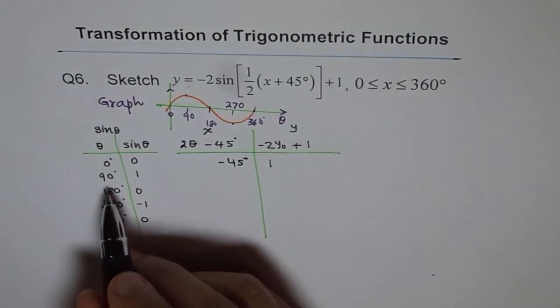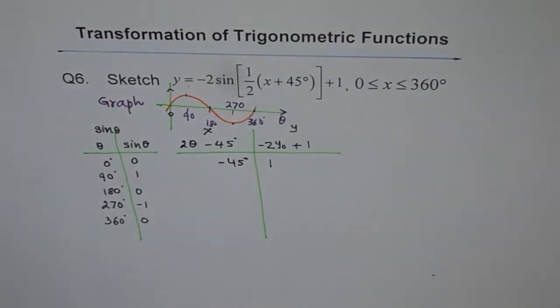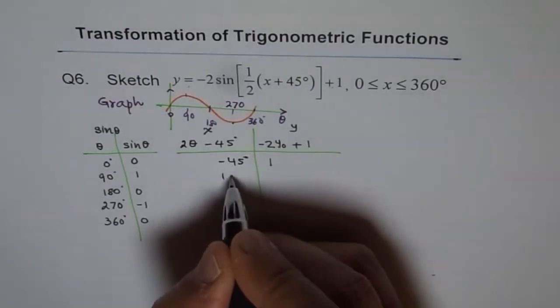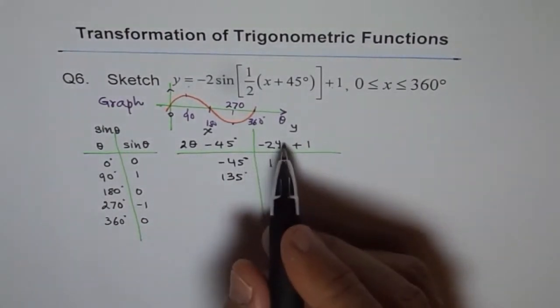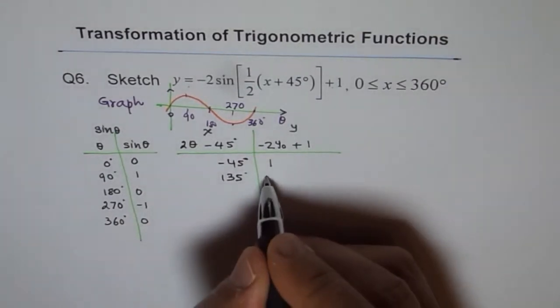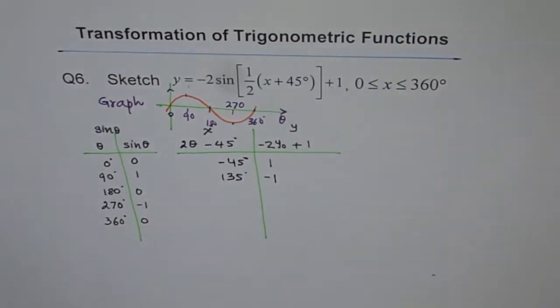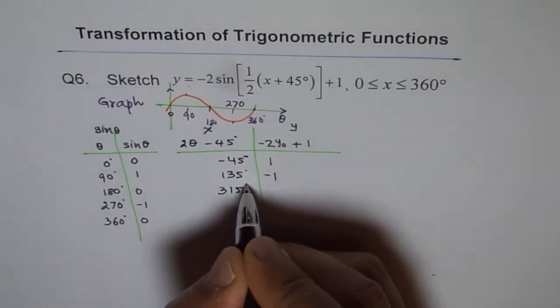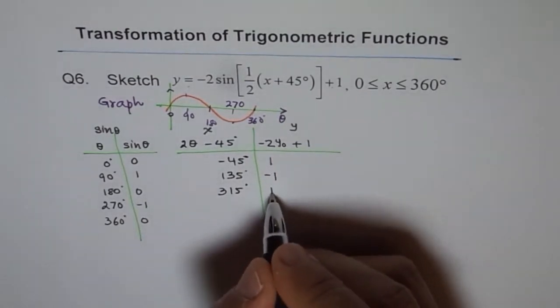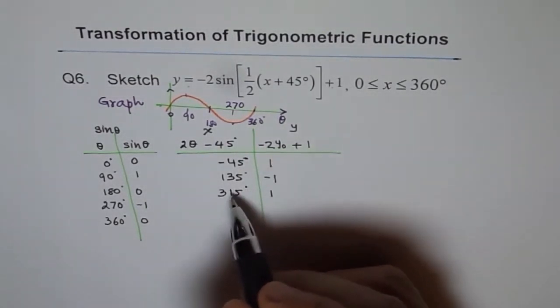Now 90. 90 times 2 is 180, and 180 minus 45 gives us 135. So we get 135 here, and 1 times minus 2 plus 1 is minus 1. Now 180 times 2 is 360, and 360 minus 45 gives us 315. At 315 and 0 gives us 1. So it fluctuates between 0 and 1.